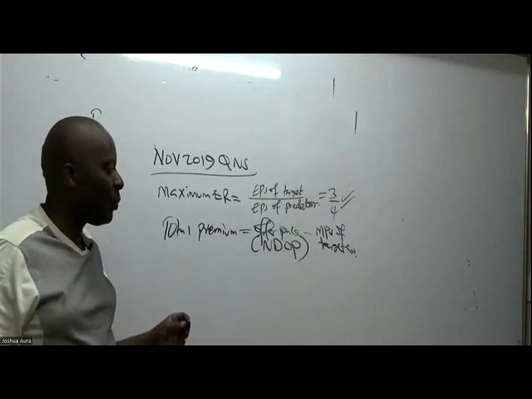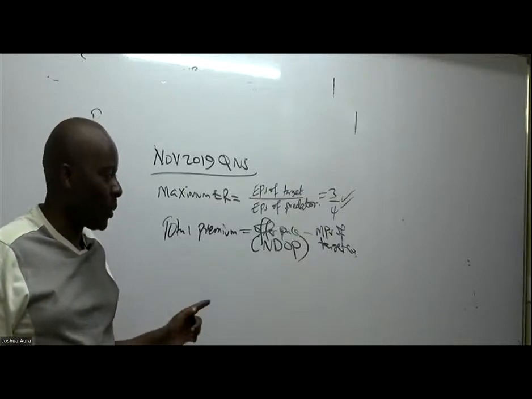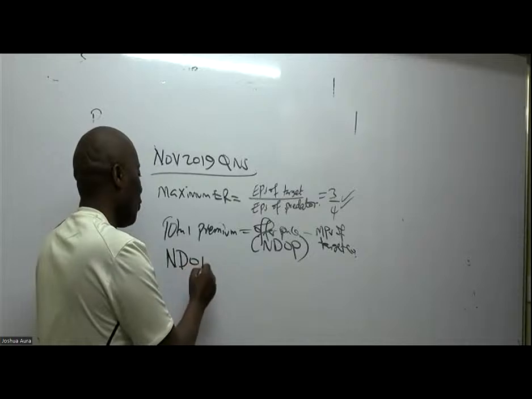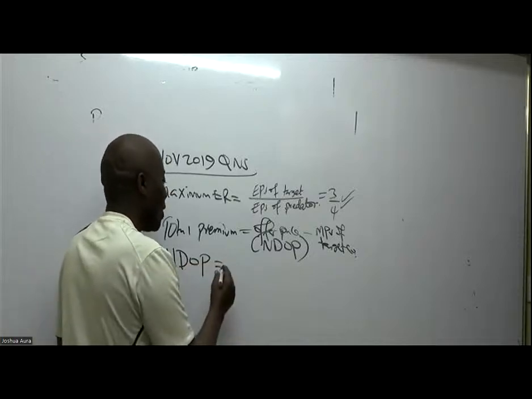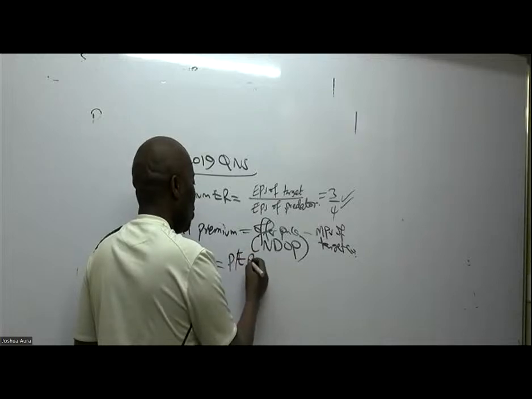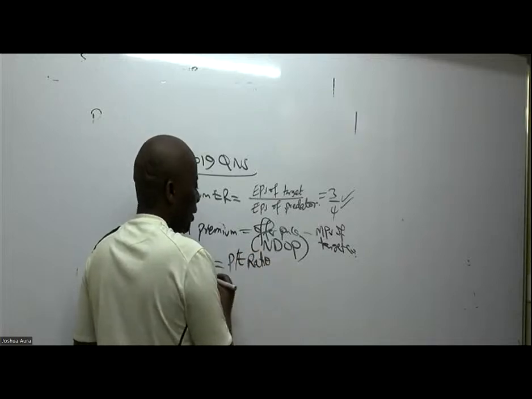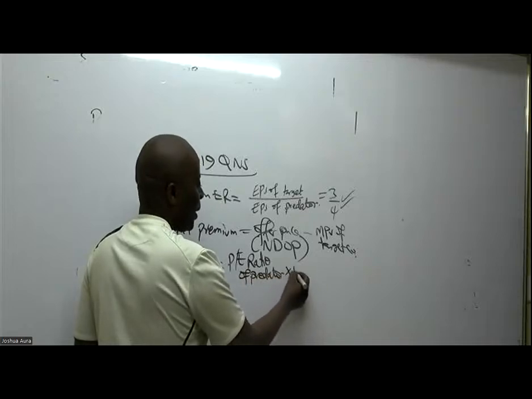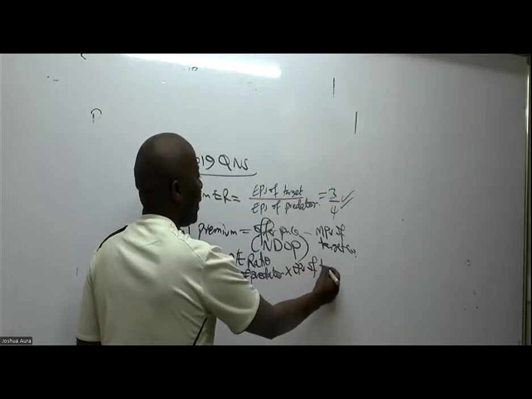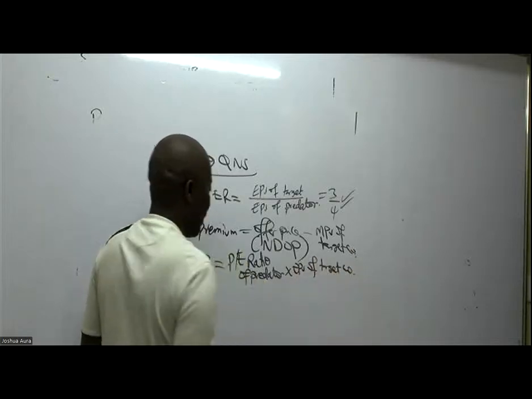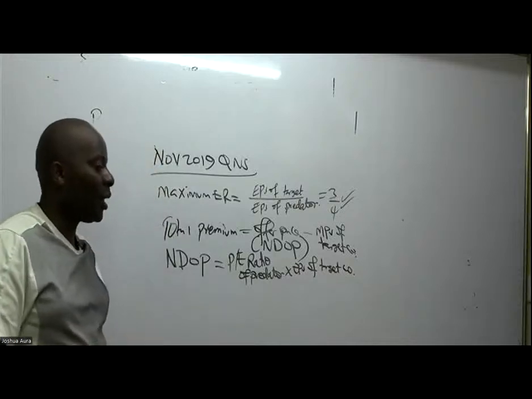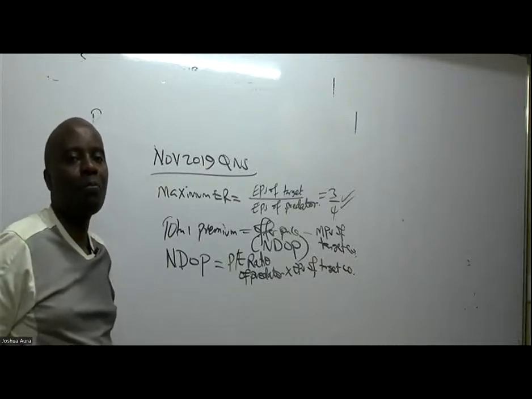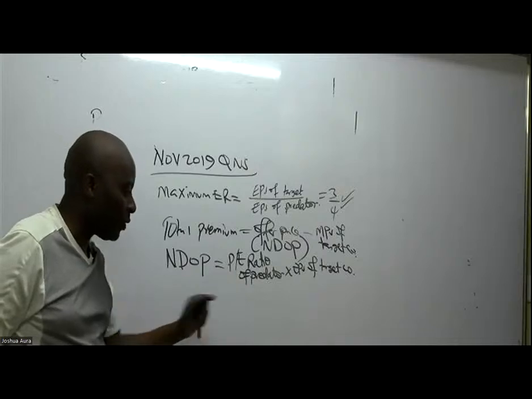So in this case here, we have the offer price, which is the non-diluting offer price. How do we get this non-diluting offer price? To get it, we take the PE ratio of predator times EPS of the targeted company. I went and broke this down further.